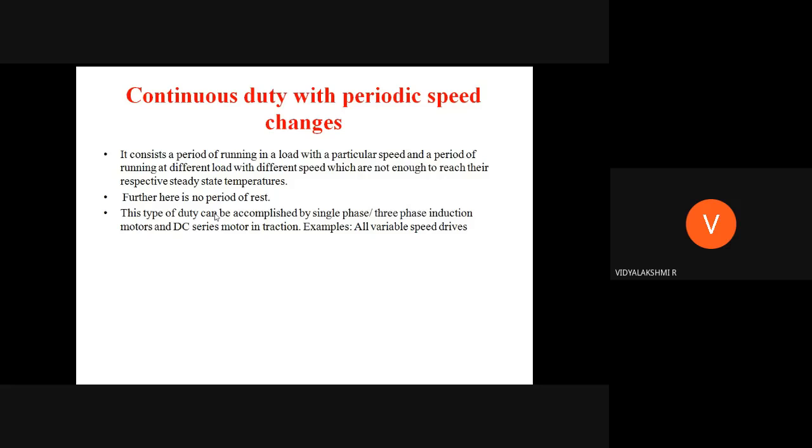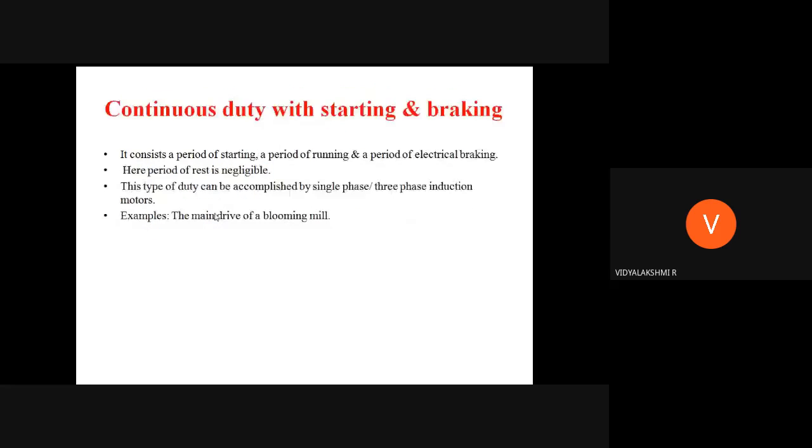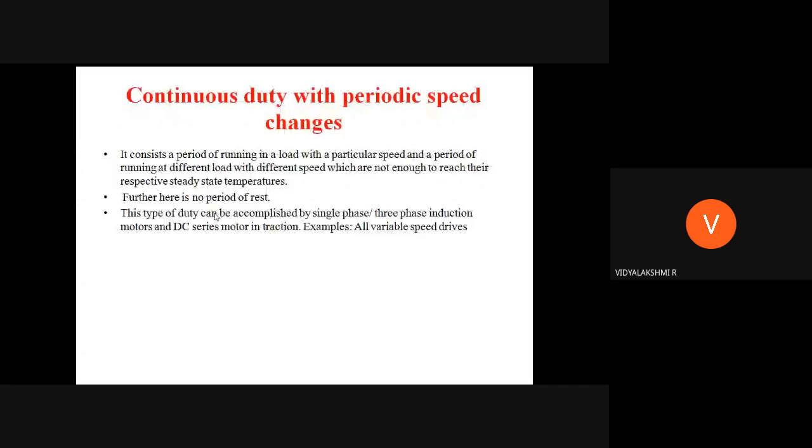For the last two types of duty, I cannot talk about the rest period, because it's continuously working. That's why they are named continuous duty with starting and braking, and continuous duty with periodic speed changes. The example for continuous duty with periodic speed changes is all variable speed drives.